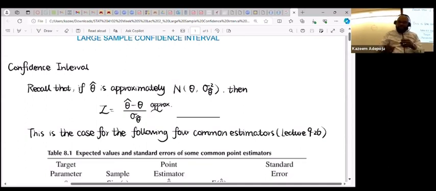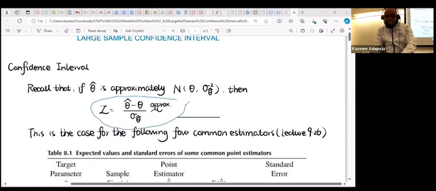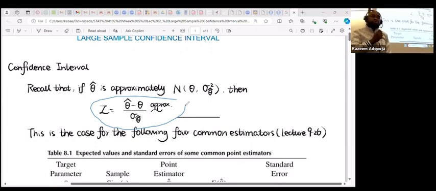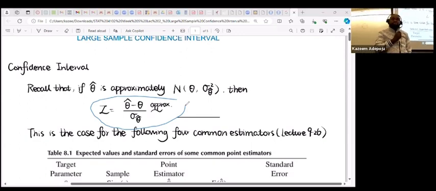If that happens to the estimator, we also get an approximate standard normal distribution. An approximate normal distribution leads to an approximate standard normal distribution, which is why I said normality facilitates standardization and the z-score.